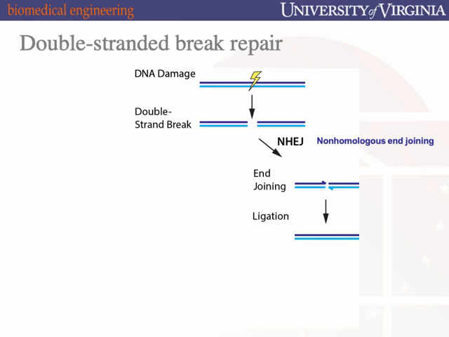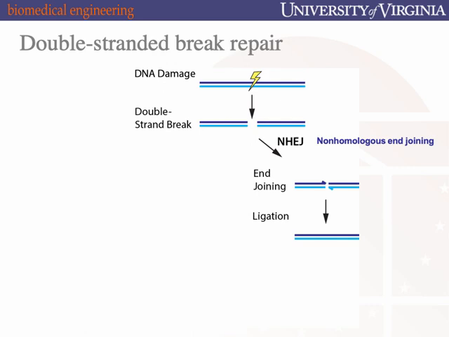I'll talk about the first clumsy yet essential way of doing it, and then a more elegant one that exploits the diploid nature of our genomes. First, the clumsy one. It's really important, so I shouldn't knock it that much, but it's called non-homologous end joining, or NHEJ. The way that NHEJ works is that as soon as there's a double strand break, you have two free ends that are not telomeres in the genome.